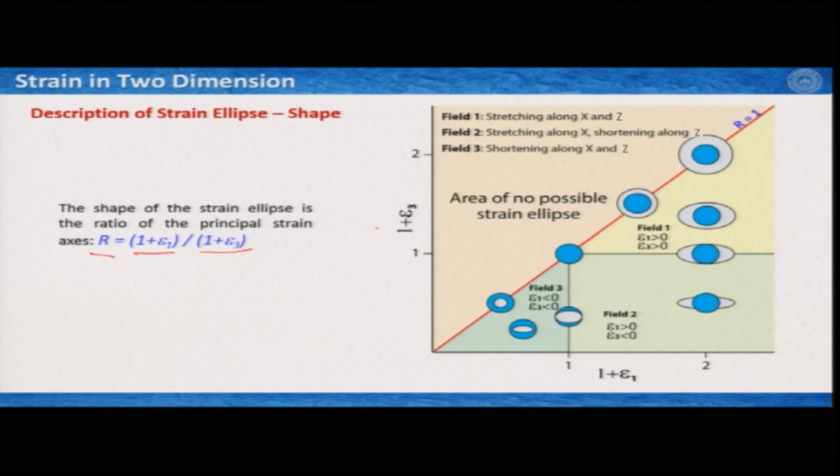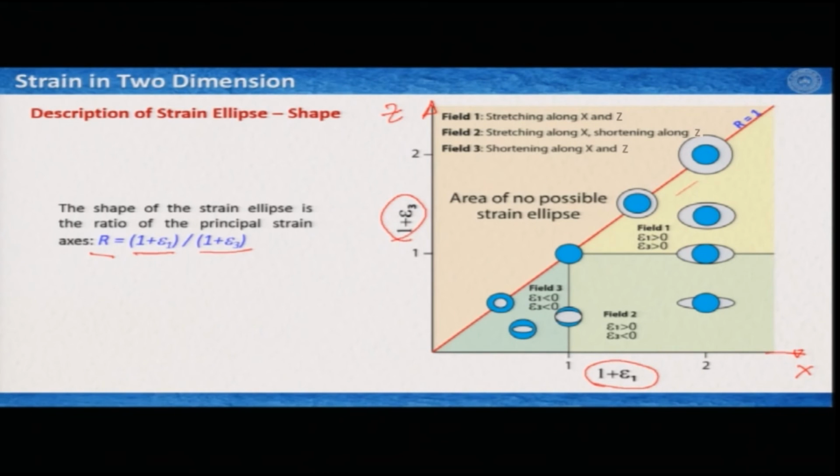And if we plot them, here 1 plus E1 along the x direction and here 1 plus E3, the short axis, along the z direction, then we certainly get this 45-degree line, which is R equal to 1.